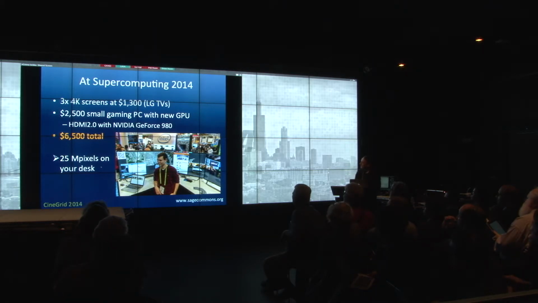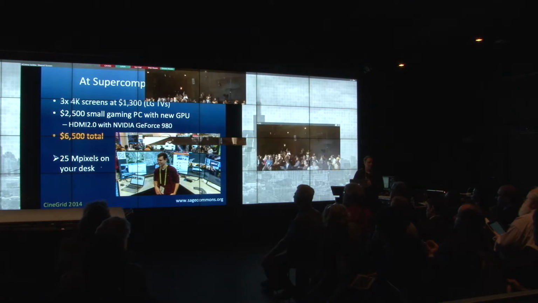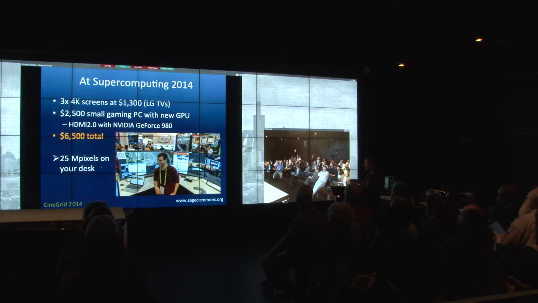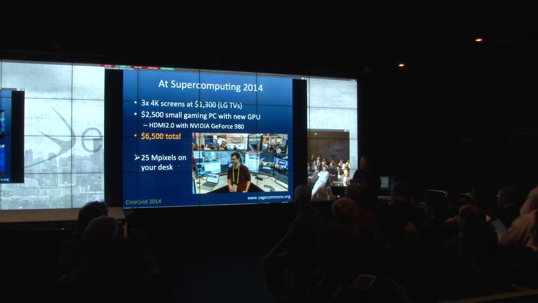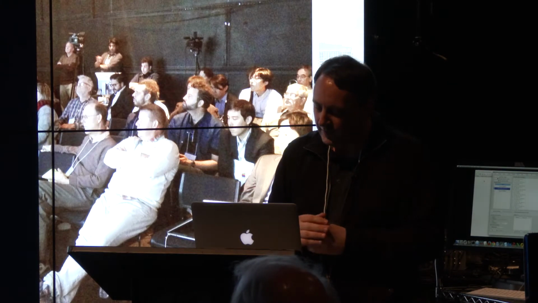They're decreasing in price every week. And a gaming PC from Dell. Just a little feature that we like to point out: if you get the latest NVIDIA card, you can finally get 4K 60p on your TV. So for $6,500, or let's say less than $10,000, you can get 25 megapixels on your desk, and you can really do high resolution work and see all your data, basically.